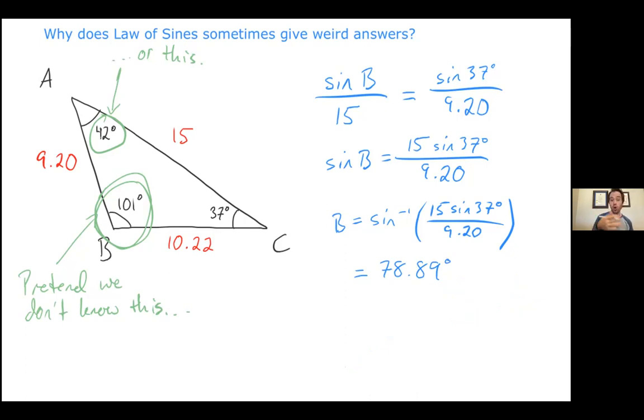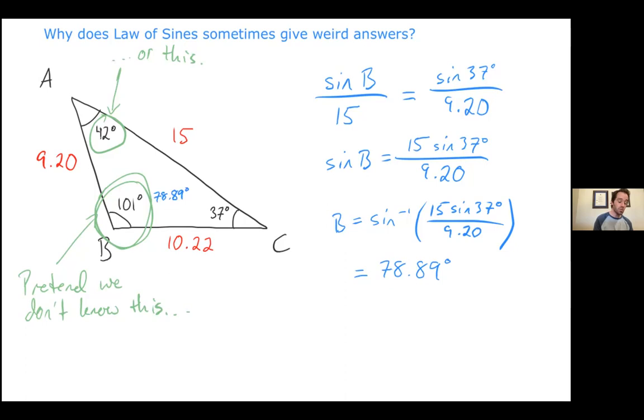Okay, let's say we don't know that something bad is going to happen. So we'll put the 78.89 degrees here when we know that it's really 101 degrees. Some of you might see what's coming already, but keep it under your hat.